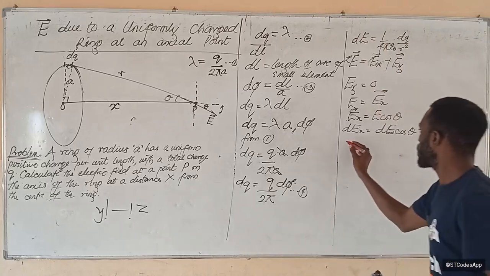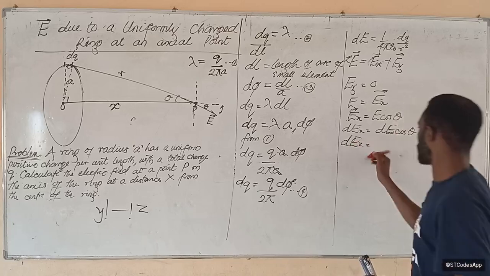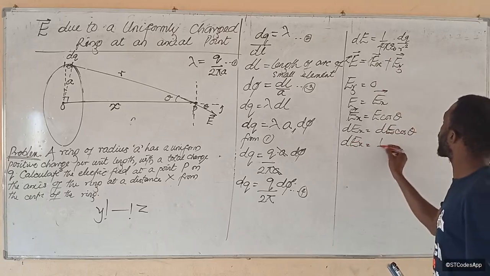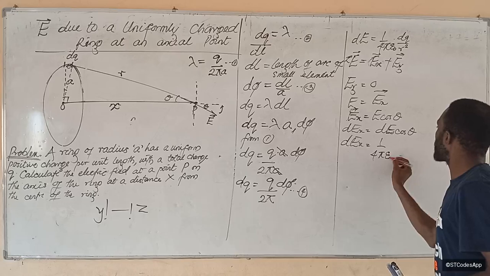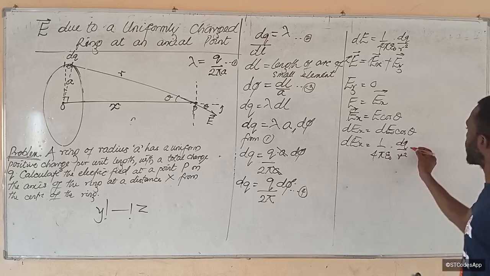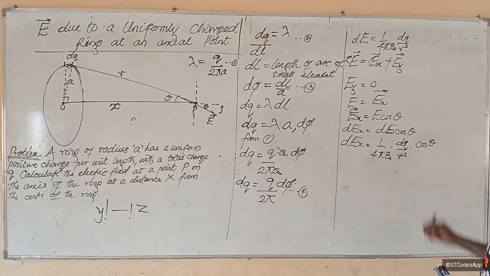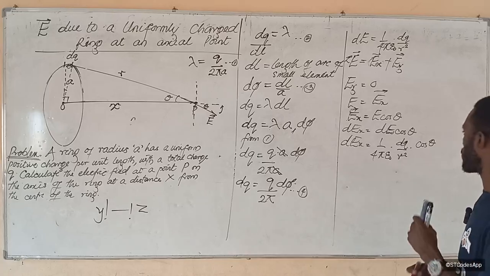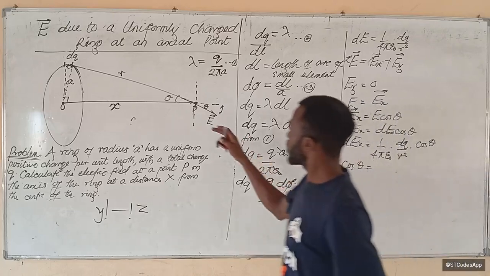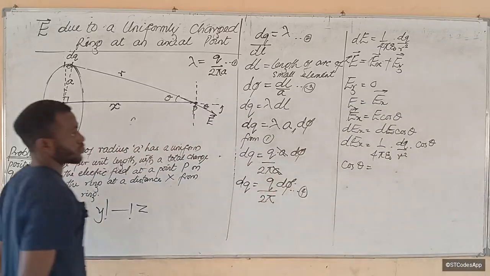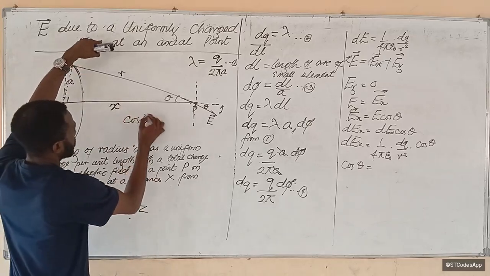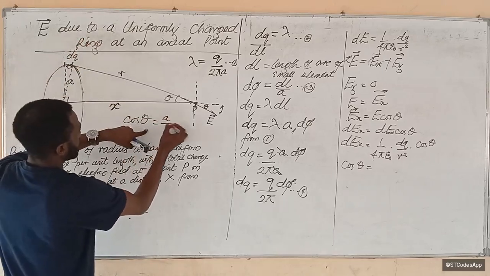So we can now say that dE sub x will be equal to dE, which is 1 over 4 pi epsilon naught dot dq over r squared, then dot cos theta, not cos phi, cos theta, okay? Now, remember that cos theta from here, we want to remove that trig guy, will be equal to adjacent over hypotenuse.